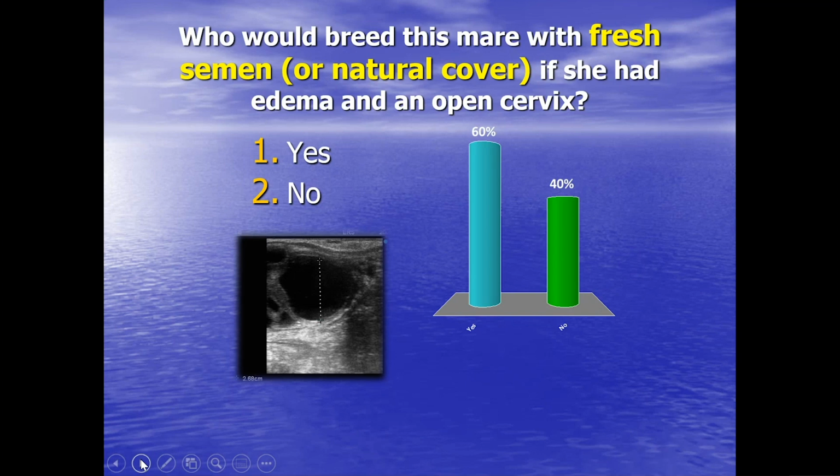So my point being, why take the chance? We've got a mare in estrus that will stand to be covered, and a follicle which may ovulate in 24 hours. We don't know, but why take the chance? Semen's going to live 3 or 4 days, so get her covered, get fresh semen put in. That's what I would do. So I'd be in the 60% camp.